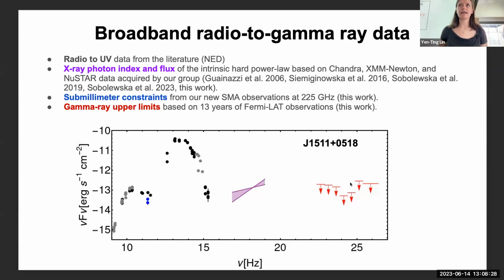We were using SMA data for sub-millimeter frequencies and gamma-ray upper limits based on Fermi-LAT observations. All three of those sources are not detected in gamma rays. However, those upper limits allow us to put some constraints on our model.